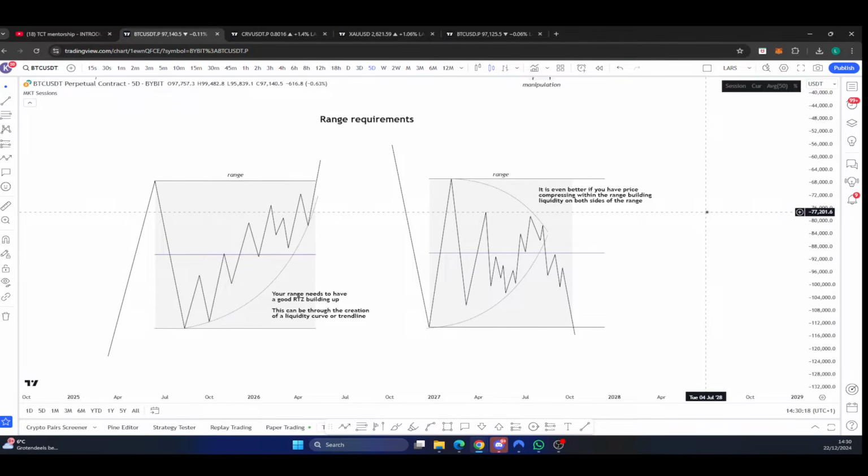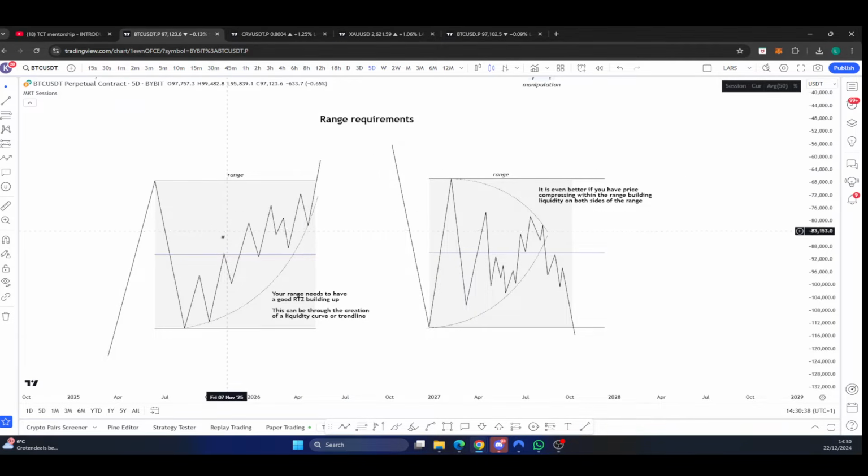And the range requirement is one of the most important requirements in the entire PO3 schematic. In order to have a valid PO3, in your range, you need to have a good return to zone building up prior to deviating your range high. Okay?